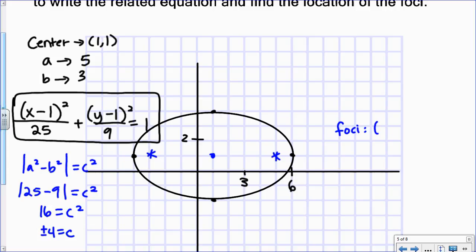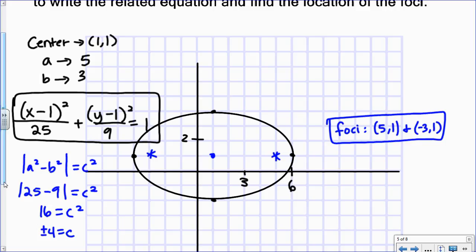So that would be (5, 1) and (-3, 1). Questions about that?